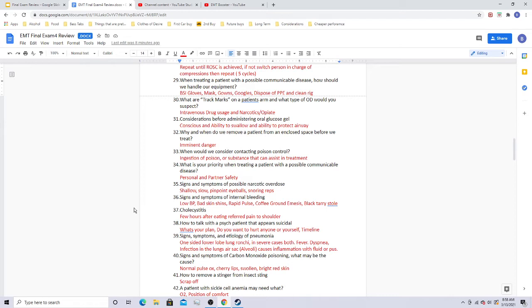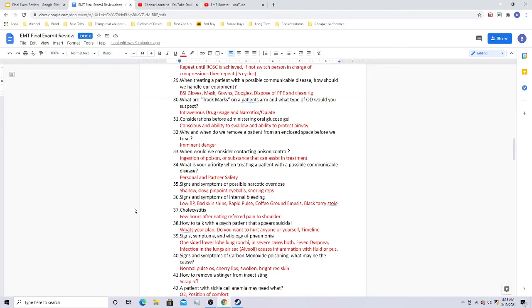EMTs are allowed to give up to 2 intranasal usages of Narcan. Paramedics obviously can do a lot more, but if it's helping them, I'll give them the second dosage, and that should really start helping them.